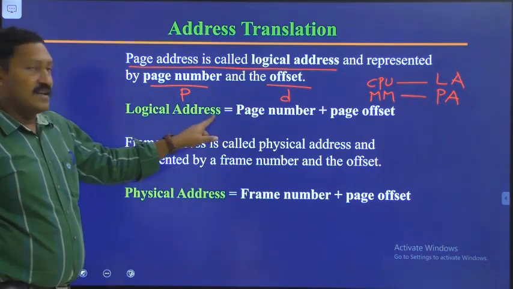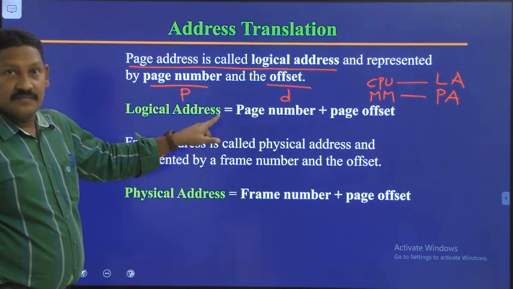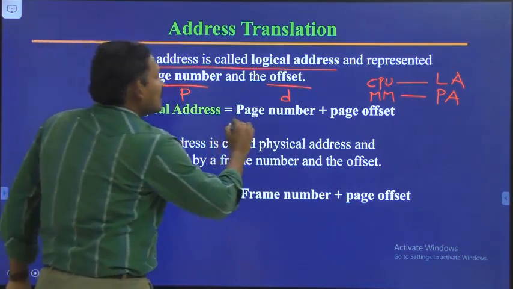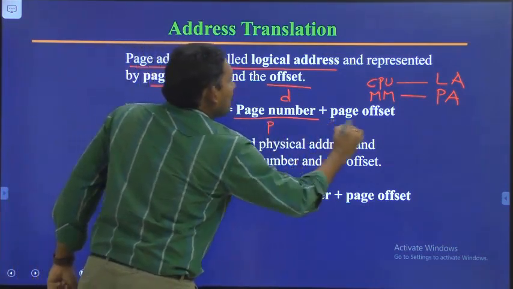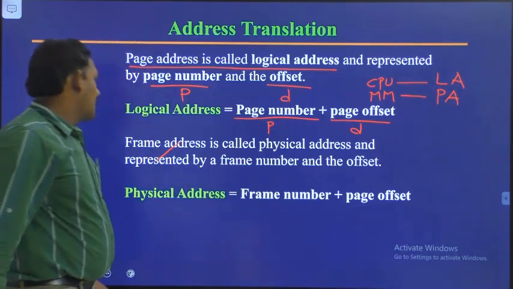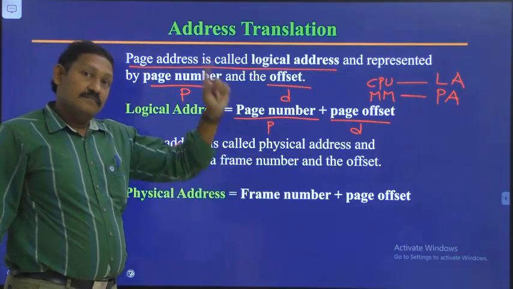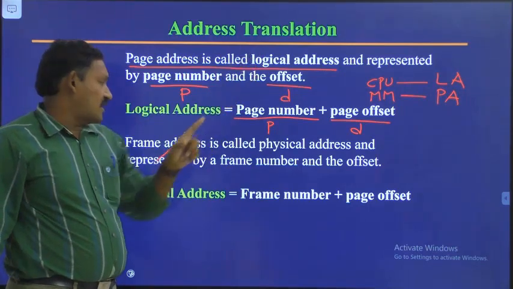See, logical address. We have discussed CPU specifies logical address. That logical address here is represented with page number P, page offset D. Similarly, frame address is called physical address. Main memory will be specified with physical address.